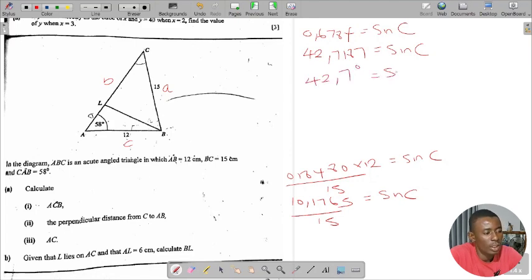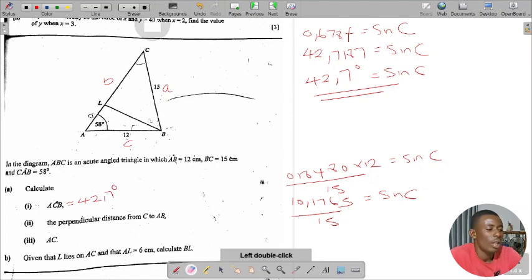So our angle C is 42.7 degrees. So our answer here is 42.7 degrees.